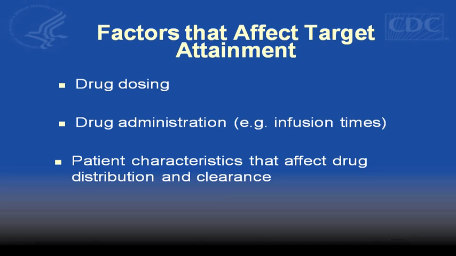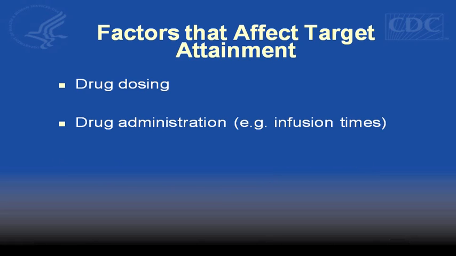Well, because this third characteristic is specific for the patient, it's hard to convey that information in a CLSI document. But we can convey the first 2 points in a CLSI document, and that's why for both the cephalosporin breakpoint changes and the carbapenem breakpoint changes, you'll now see information about a drug dose. And you might also see a comment about differences in infusion times.